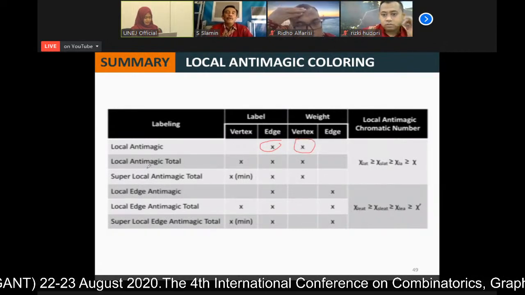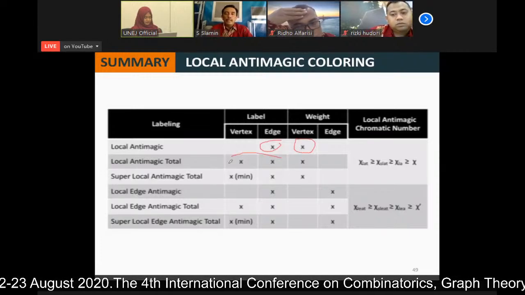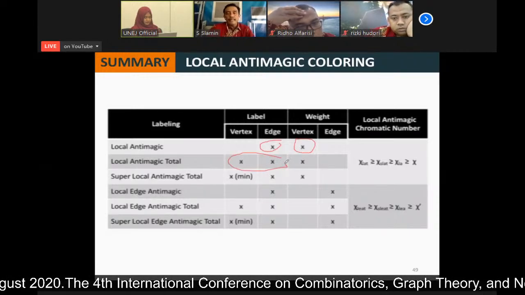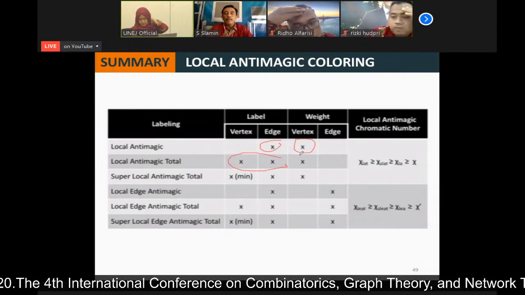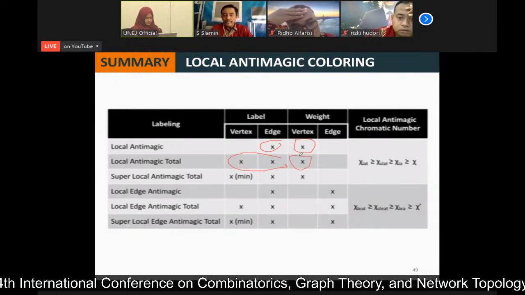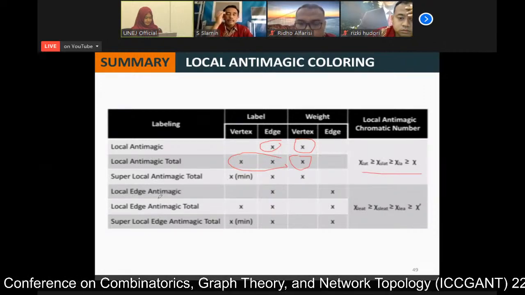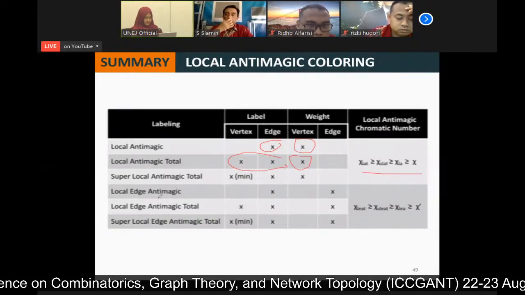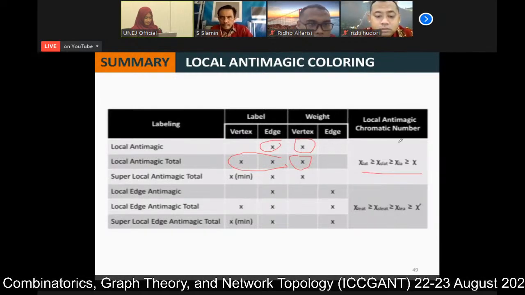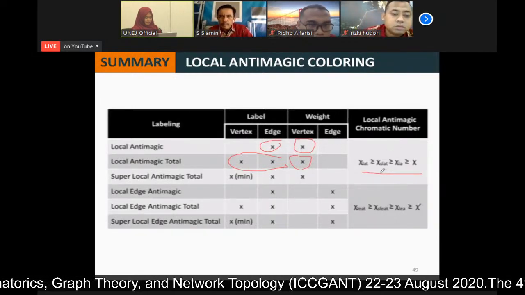For local anti-magic total, we label both vertex and edge, and we calculate the weights on vertices.